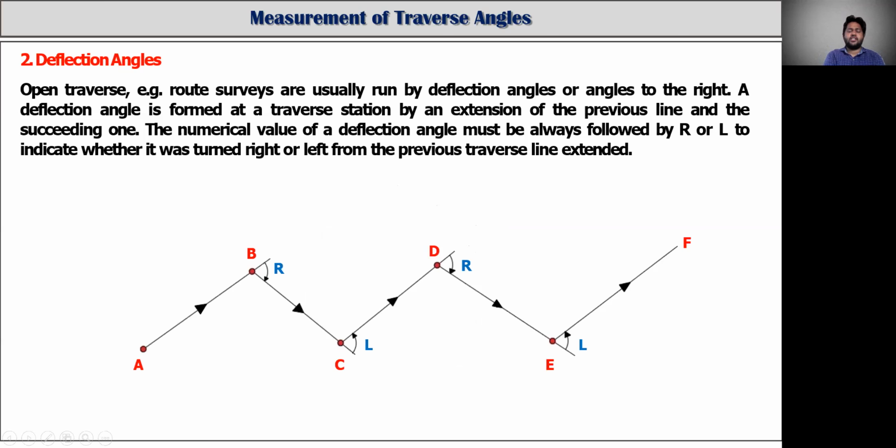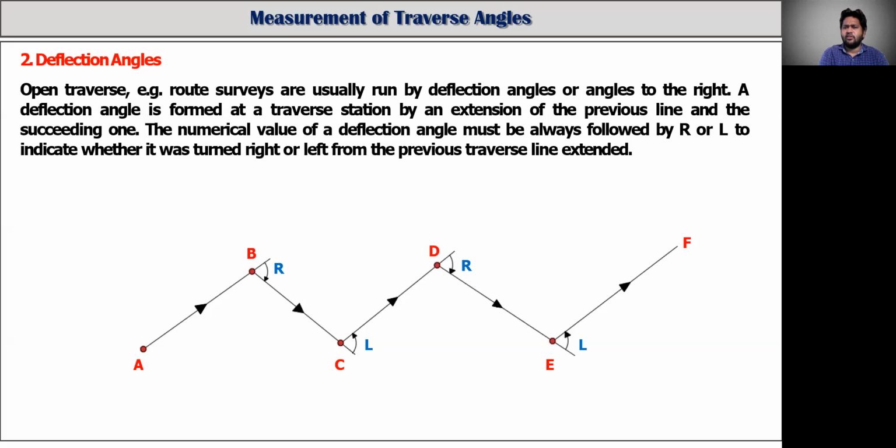See, deflection angle. How to find the deflection angle? For an open traverse, route surveys are always run by deflection angles to the right or left. A deflection angle is measured at a traverse station from the extension of the previous line to the successive line.